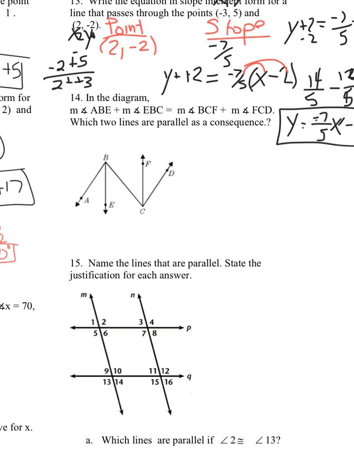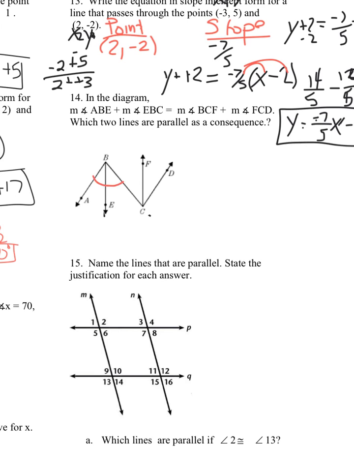14, in the diagram angles ABE plus EBC. So let's look what they're talking about. ABE plus EBC, this angle, is equal to BCF plus FCD, so this angle. So let me step back here a second.